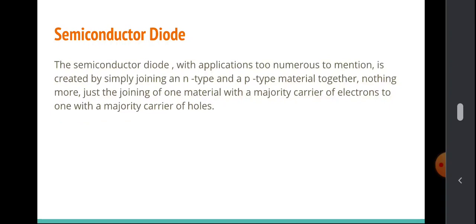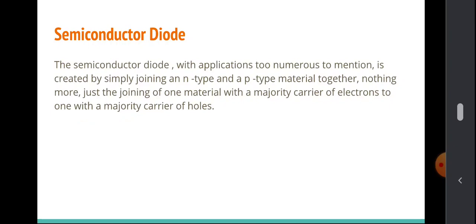Okay, before we proceed to the operating conditions of a diode, there are two types of semiconductor materials, the elemental material and the compound material.